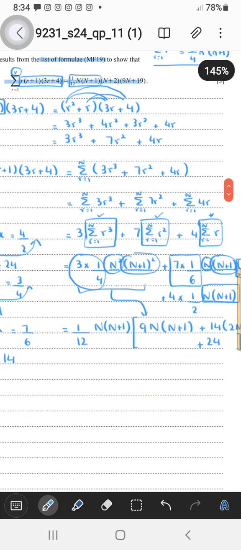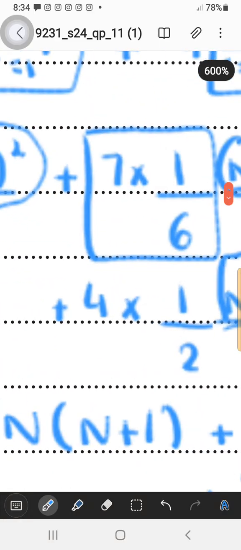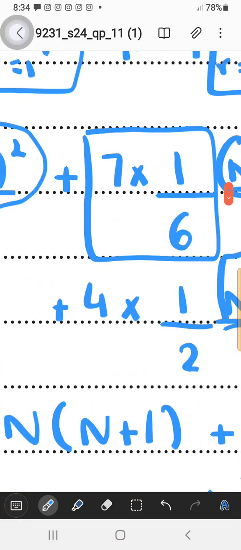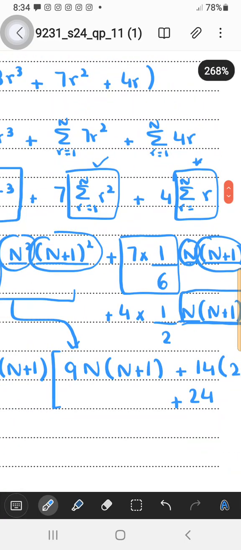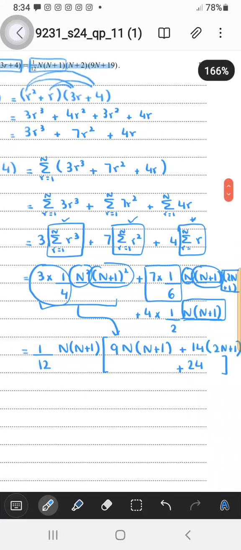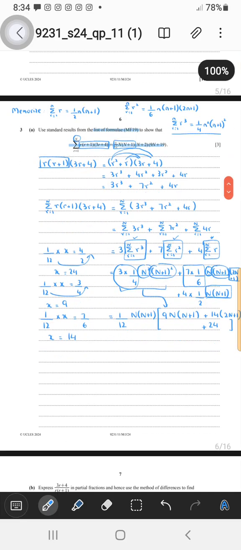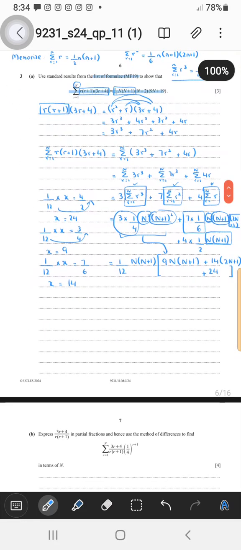If you multiply 1 upon 12 with 14, it will give 7 upon 6. Then there is 4 upon 2, which is basically equal to 2. We want a number that multiplied with 1 upon 12 gives us 2. So 24 upon 12 gives us 2, and that's why we write 24 there. I hope you get it till this. If not, you can ask me in the comment section.